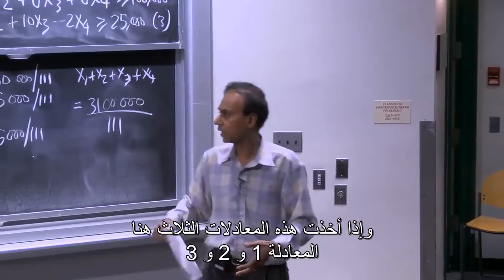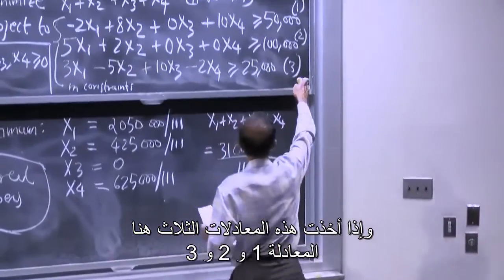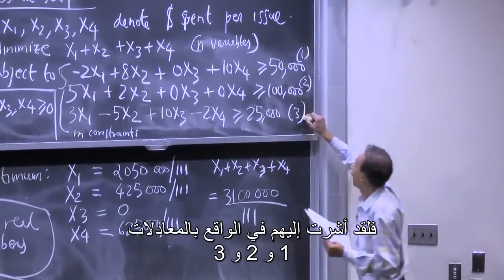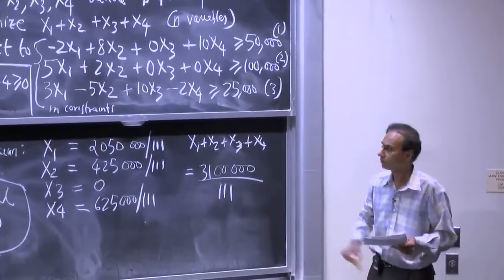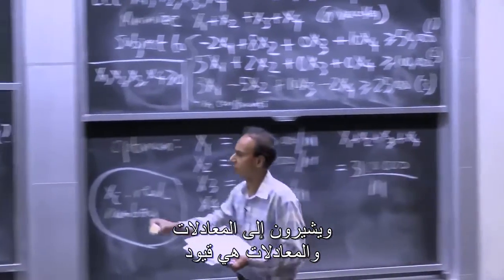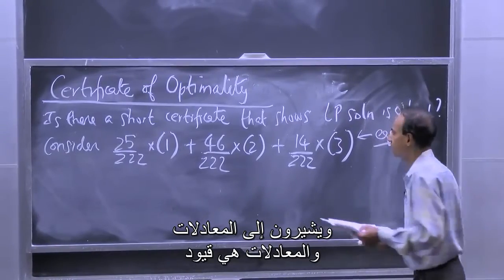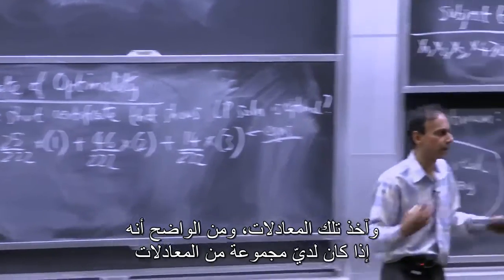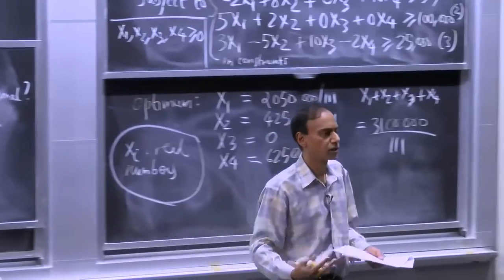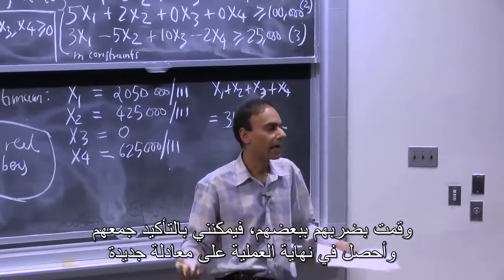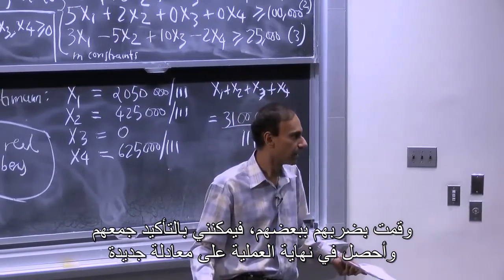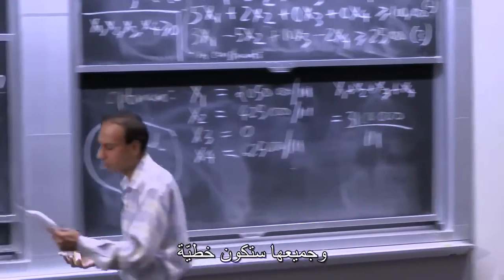If I take these three equations here, 1, 2, and 3, they refer to the equations, these are equations or constraints. Obviously if I have a bunch of equations and I multiply them out, I can certainly add them up, and I get another equation at the end of it, and it's all going to be linear.